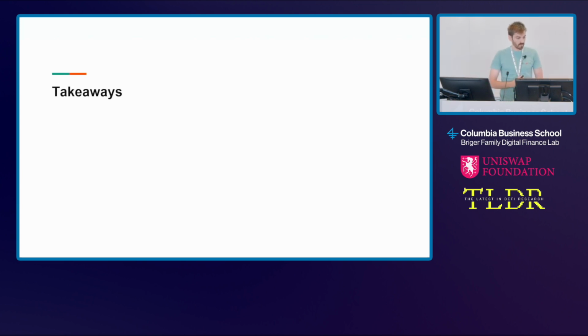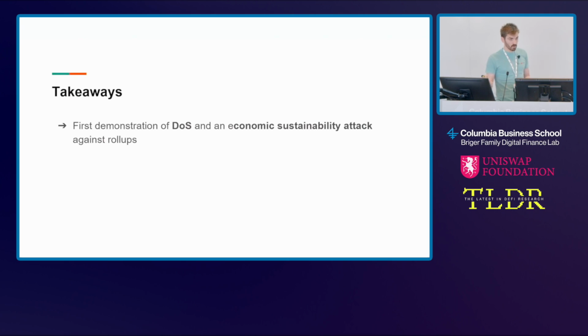So, what are the main takeaways? First of all, we demonstrated a novel denial of service attack and an economic sustainability attack against rollups. And we argue that there might be more, and more research needs to go towards that goal to have as good as possible TFMs for rollups.